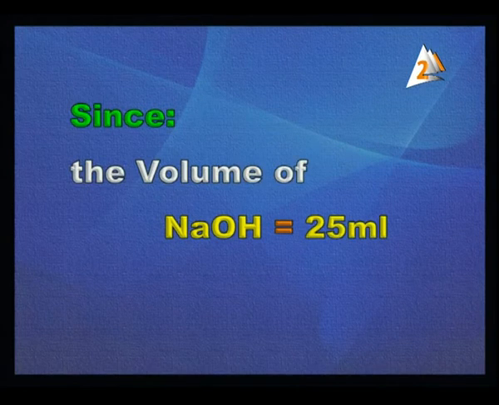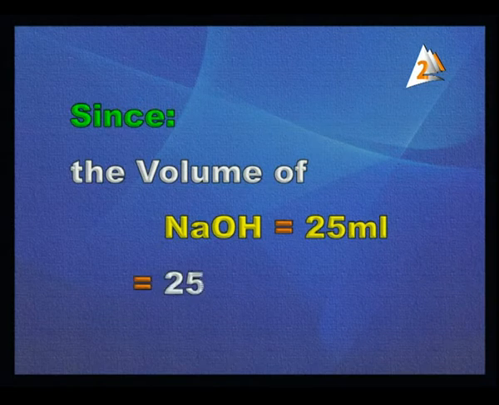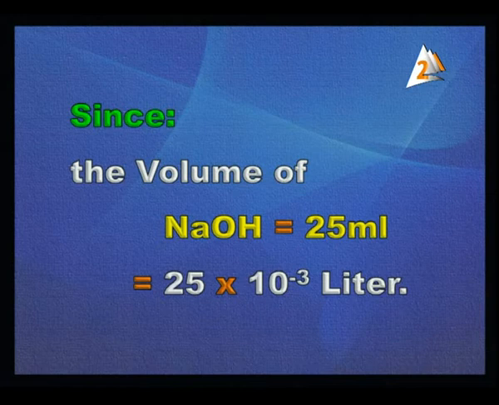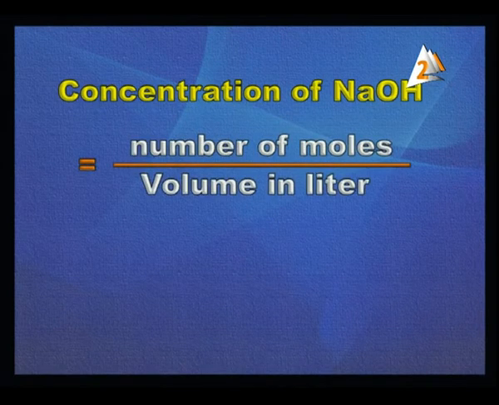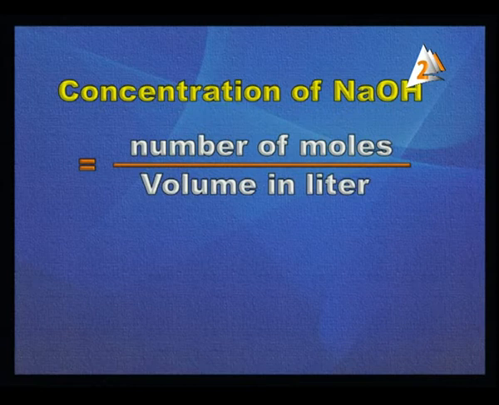We can say since the volume of NaOH equals 25 milliliter, you have 25 by 10 power negative 3 liter. Great. You can say after that the concentration of NaOH will be number of moles per volume in liter.